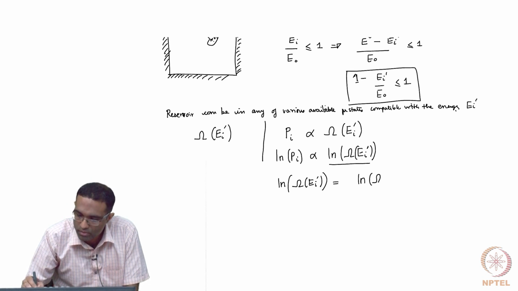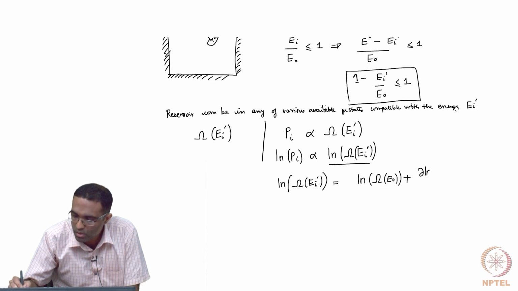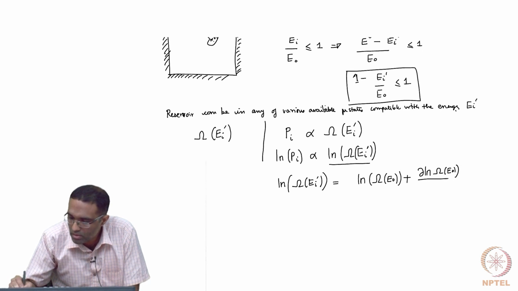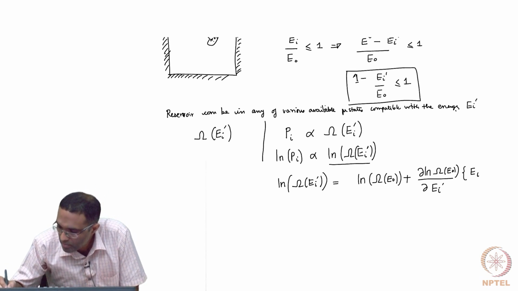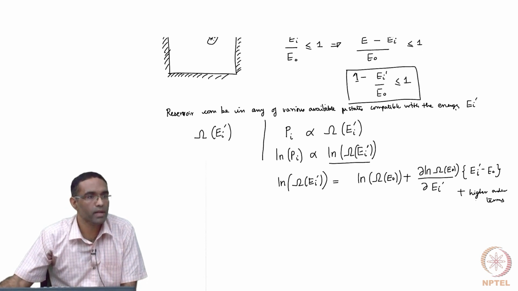Ln of omega evaluated at E naught plus dou ln omega E naught with respect to dou Ei prime multiplied by Ei prime minus E naught plus higher order terms, right?